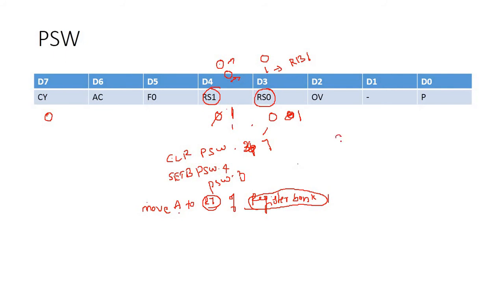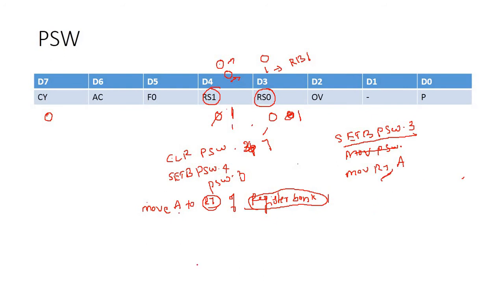For that we can do SETB PSW.3 and then MOV R7, A. When we use these instructions, it will select register bank 1 and then the accumulator content will be stored in R7.